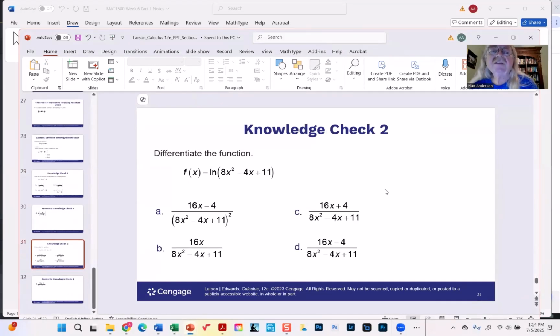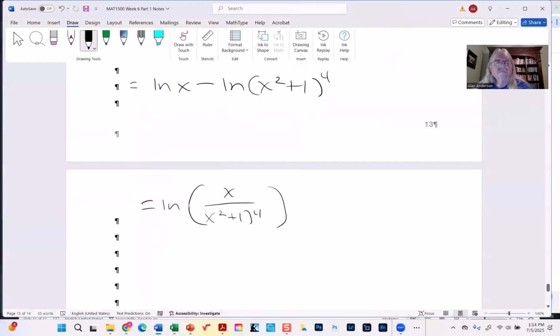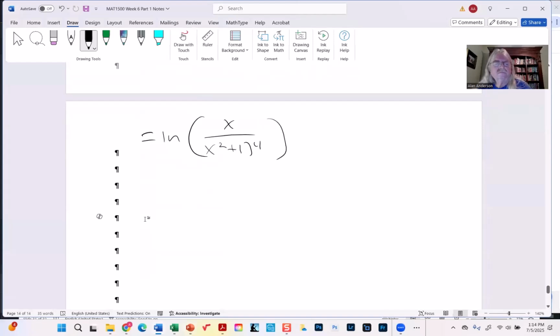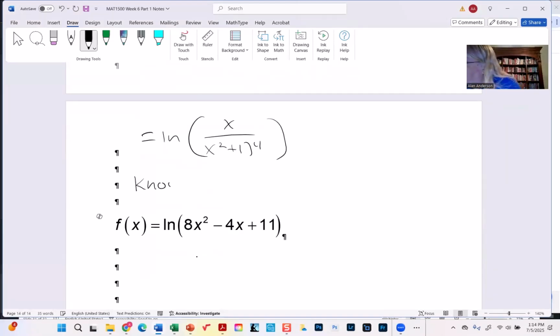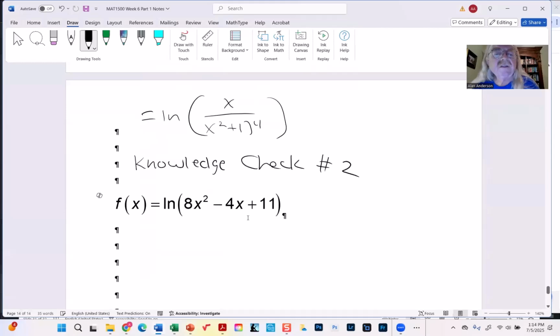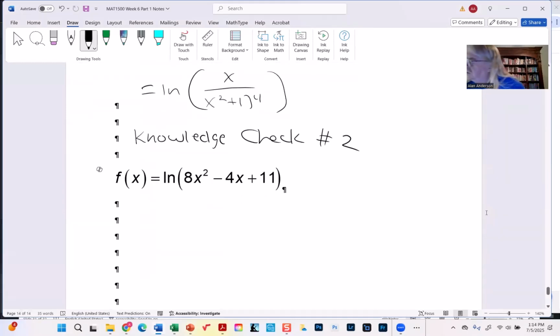And then we have this one. Now, this is different. We are taking the derivative. So the first thing we can do to make it a little bit simpler, although in this case it won't make any real difference, is split it up into three parts.